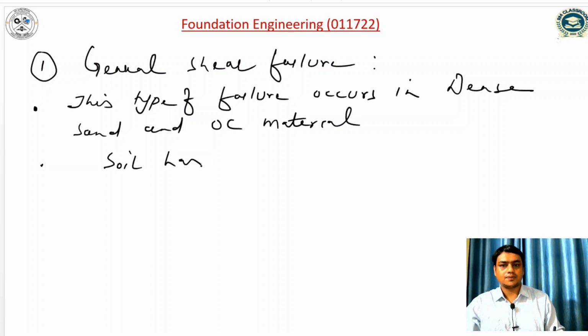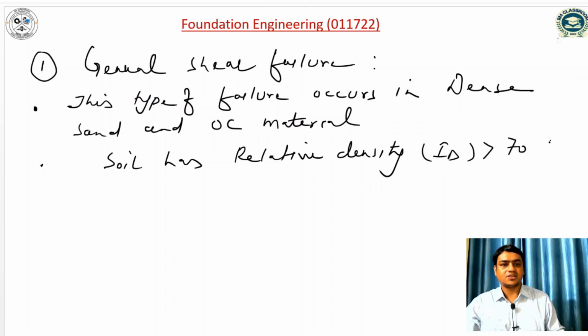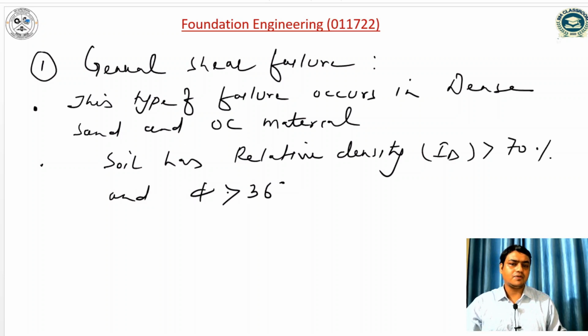Soil has relative density ID greater than 70% and angle of internal friction greater than 36 degrees. So with the help of this data we can identify the types of failure.